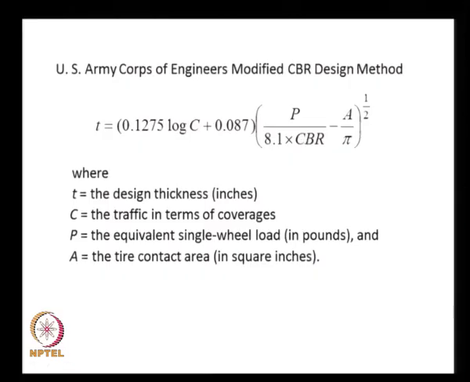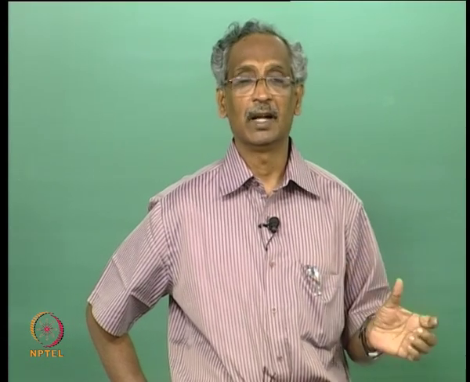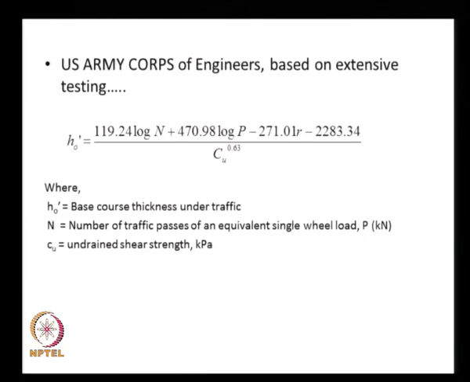The previous formulas that we saw are for a standard rut depth of 75 millimeters, and here we have two more parameters, n, that is the number of traffic passes of a standard equivalent single wheel load, and then P is the wheel load, and R is the rut depth, given in millimeters or centimeters, and then Cu is the undrained cohesive strength of the subgrade soil.